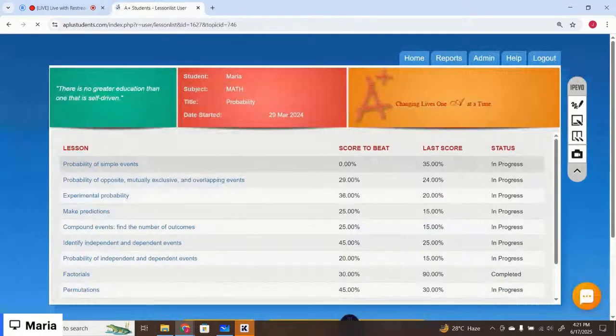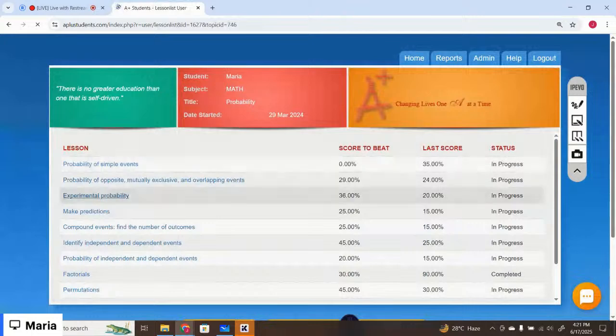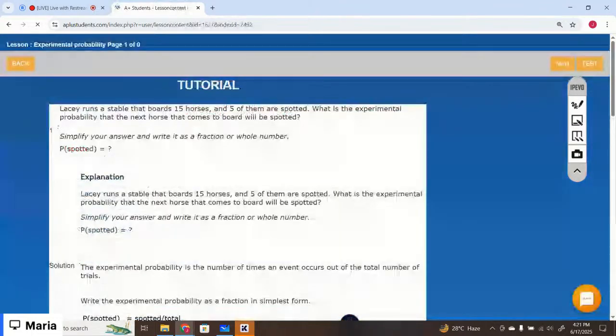The next lesson is experimental probability. Let's just start with the test questions.